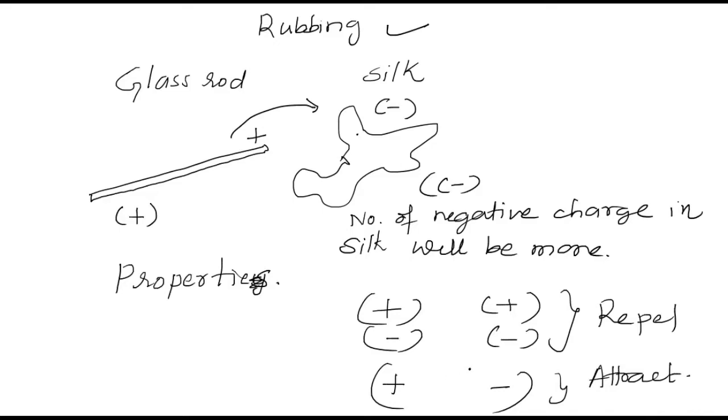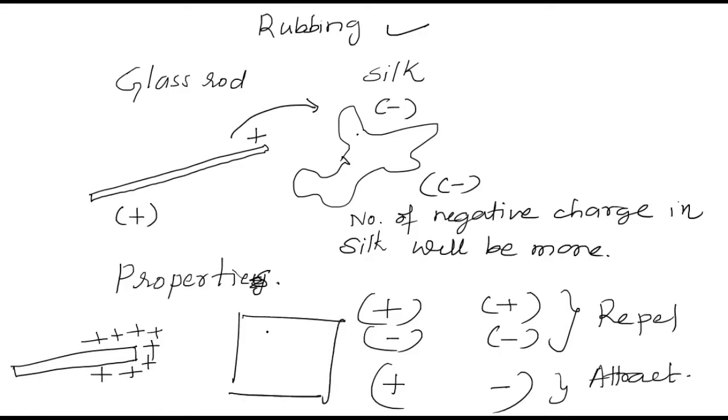Not only that, this is very important now, when you bring a positively charged, let's say, glass rod towards a neutral object, which has an equal number of protons and electrons, so it is neutral, the moment this comes closer, much of the negative charge will come very near to it, because these two will attract.